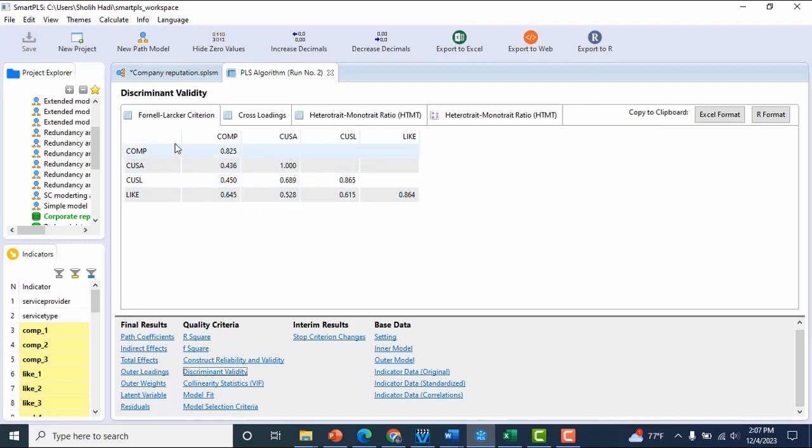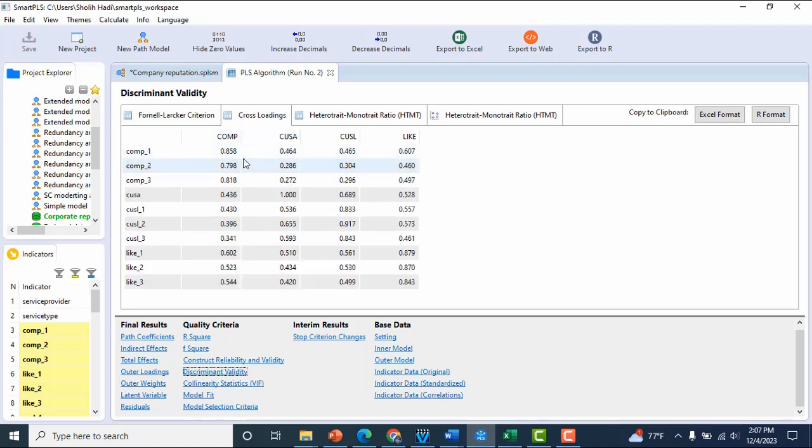So the Fornell-Larcker criterion is satisfied. And then based on cross-loading, for COM this one should be greater than the others. For JOSL this one should be greater than the others, and for LIKE this one should be greater than the others. Discriminant validity is also satisfied.